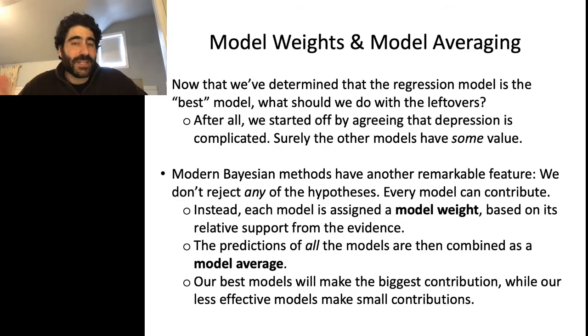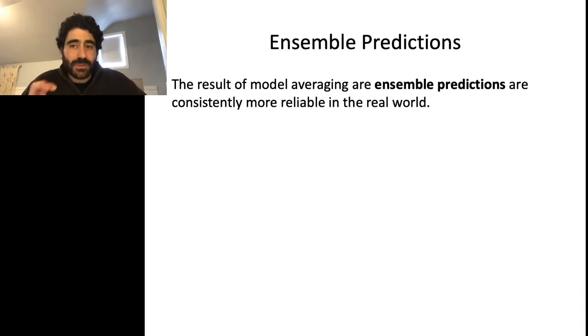But every model sort of gets a vote. And so this kind of model averaging is also called an ensemble prediction, which is that we have lots of models, they all get to make a prediction, and then we combine them, where the way we combine them is weighted by which models we think are better than the others.